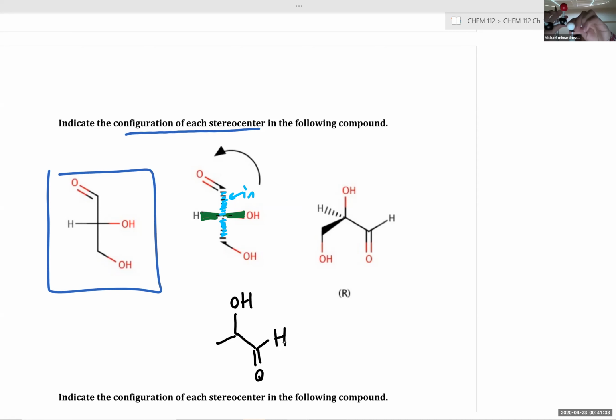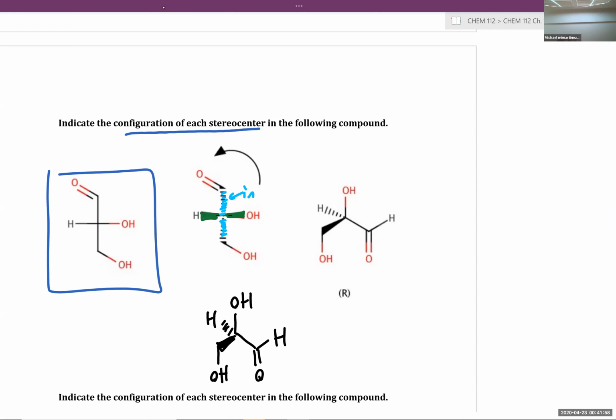The hydrogen's in the back. So let's look at it from this perspective now. Is this CH2OH pointing towards or away from us? Towards, exactly. So we're going to give this CH2OH a wedge. And of course, our hydrogen gets a dash.